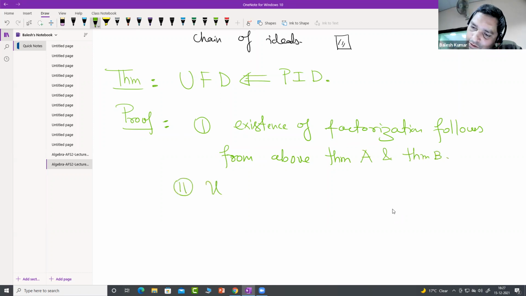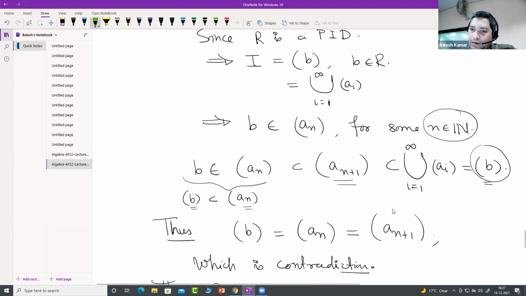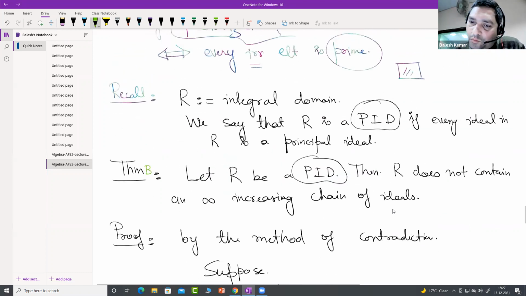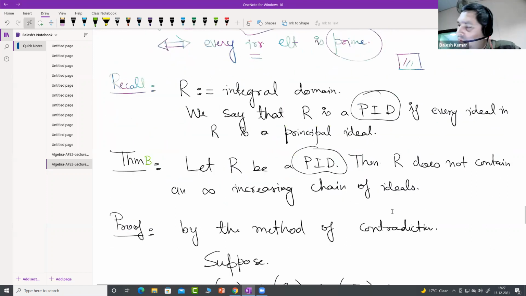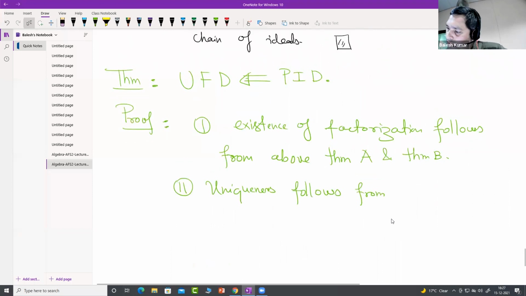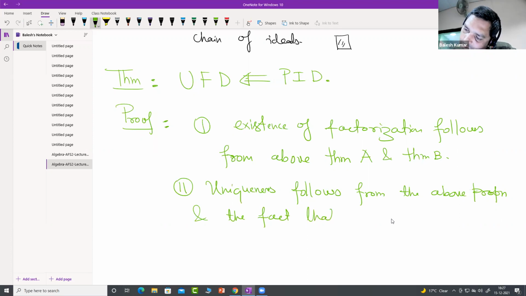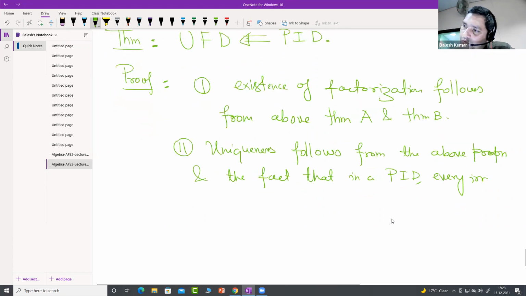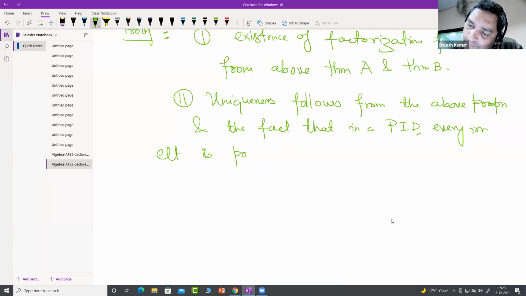And the second part, uniqueness, follows from the above proposition and the fact that in a principal ideal domain, every irreducible element is a prime element.